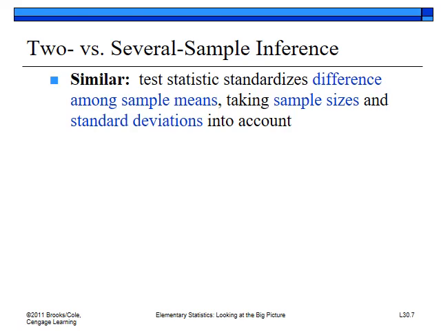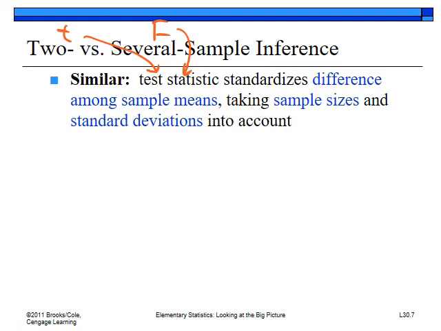Now let's look at similarities and differences between two sample and several sample inference. Here's how they're similar. The test statistic for two samples is T, and for several samples, that's F. What these statistics do is take the difference among or between the sample means and standardize it.